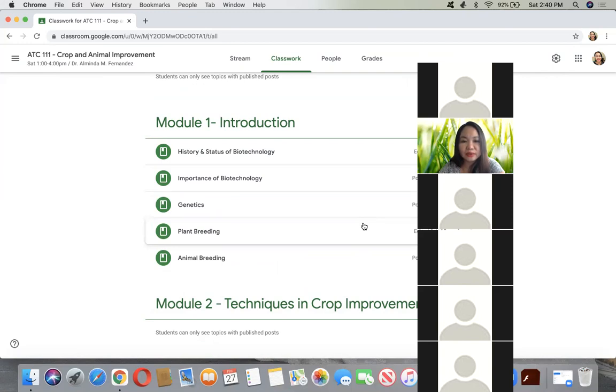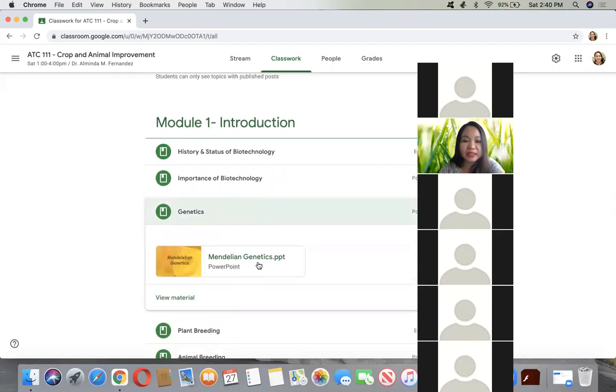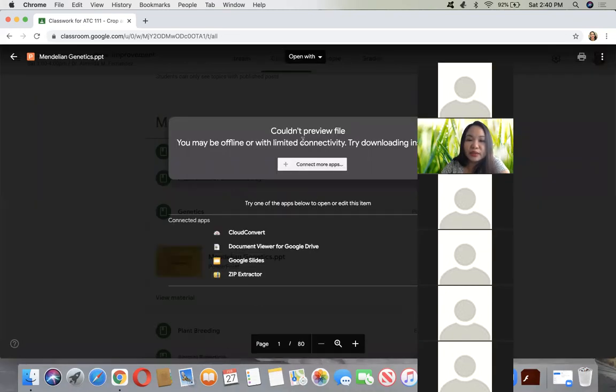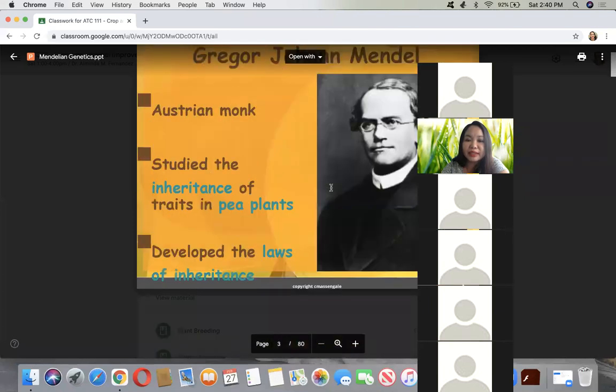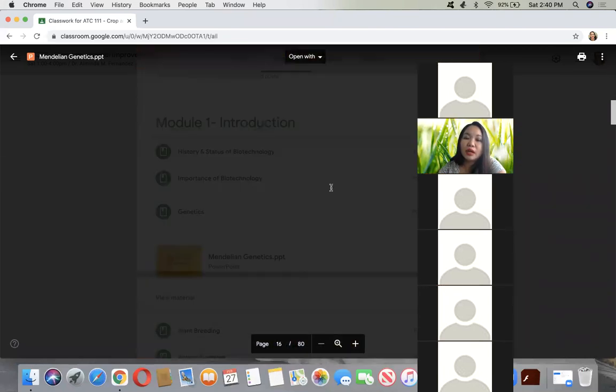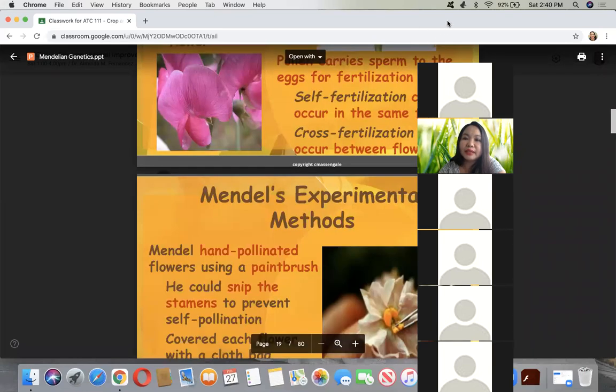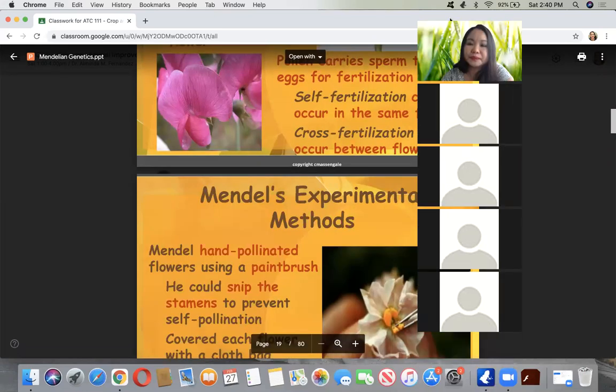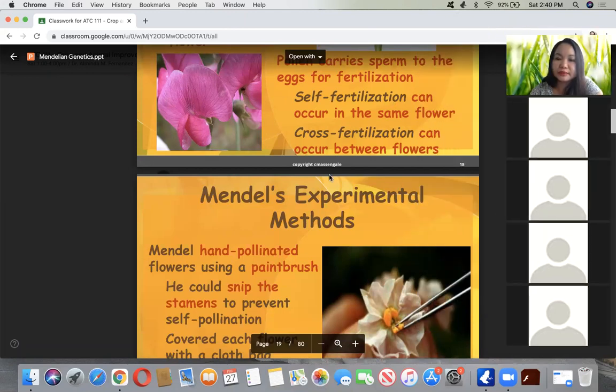Where will you demonstrate the Punnett Square, ma'am? Actually, I will present that here in the Mendelian Genetics presentation. So, some of you are a bit advanced, no? Because even if you search that in Google, you can find it.